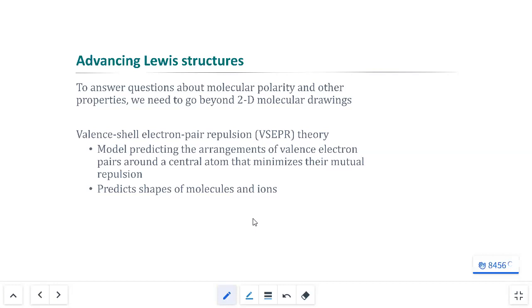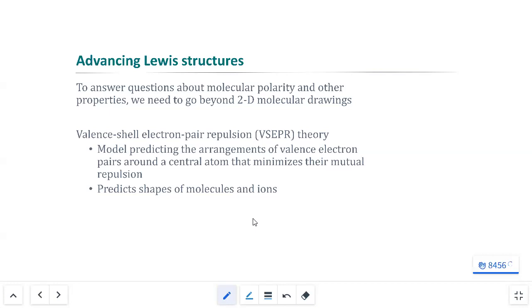After all, we're talking about electrons here. Electrons are negatively charged. Negative charges repel each other. So there's a limitation to how close we can get all of those electrons to each other without the whole thing flying apart. VSEPR theory gives us a means of trying to explain how they arrange themselves.